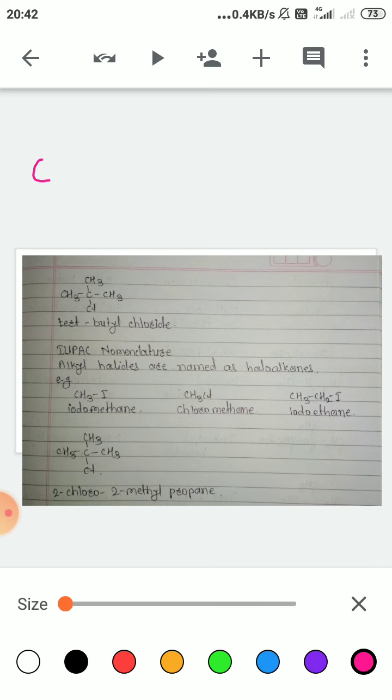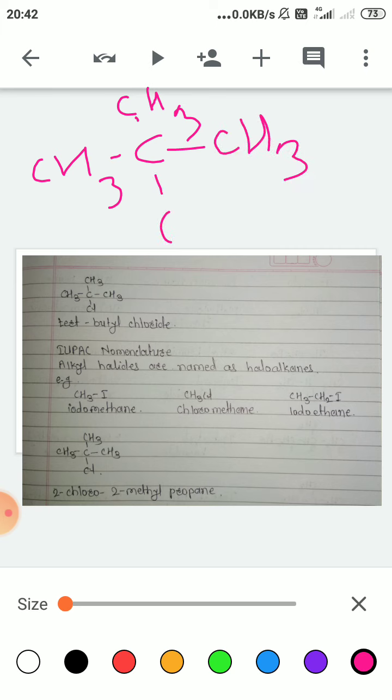Now first we have seen the common name, tertiary butyl chloride. Now we have to write the IUPAC name of this compound. For the IUPAC name of a compound which contains a branched chain, first we have to number it. First select the longest continuous chain.